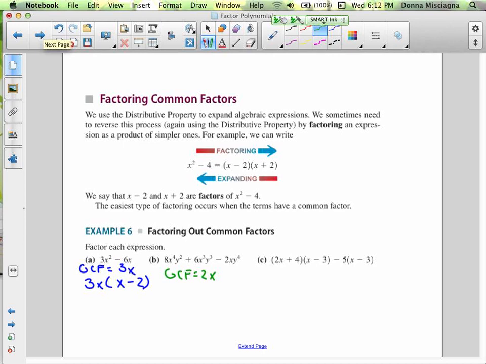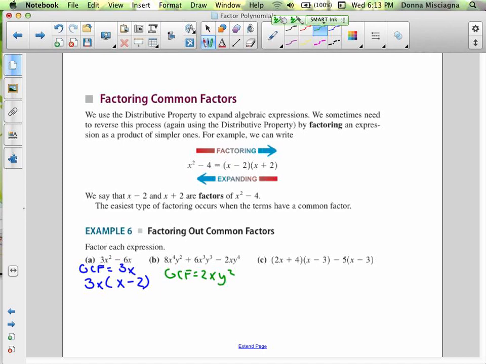And then we have a y squared, a y cubed, and a y to the fourth. So y squared is the smallest exponent. So notice I can't take out a factor that has an exponent greater than the smallest exponent in any term. So x to the first is the smallest exponent on x, and y squared is the smallest exponent on y.